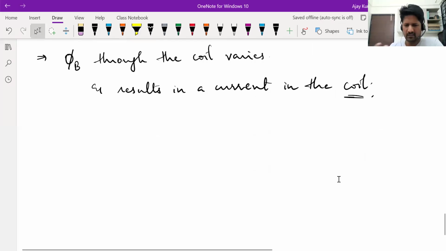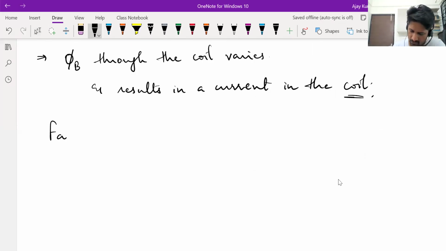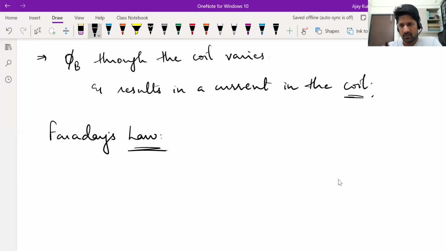And then he repeated those experiments by changing the variables. Finally, he came up with a law. To drive current, an electric field should be set up, right? Basically, an EMF is needed to drive current in a coil. So a varying magnetic flux generates an EMF. That is what he concluded.